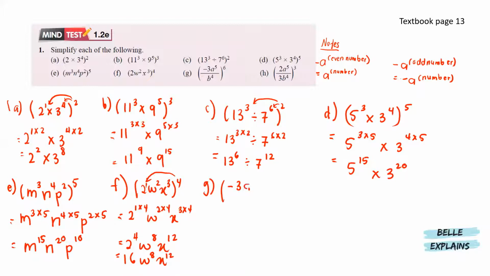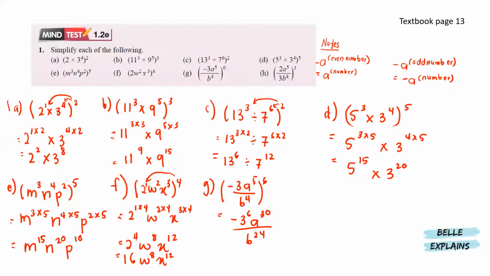Negative 3, a to the power of 5 over b to the power of 4, all to the power of 6. So we'll have negative 3 to the power of 6, a to the power of 30 over b to the power of 24, because 4 times 6 gives us 24.